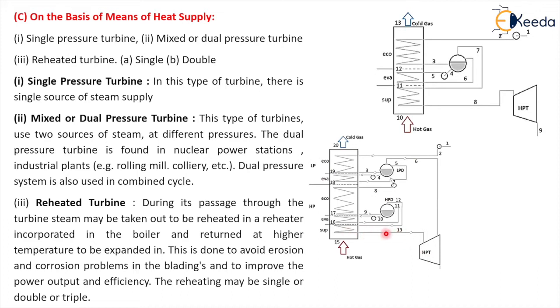You see here, it is taking steam from this side also and it is taking from this drum also. So this turbine takes steam at two pressures. That's why it is called the mixed or dual pressure turbine. This type of turbine may be used in power generation and in process industry. Reheat turbine, I have already explained: where the reheater is used in a power plant, at that location a reheat turbine is used.